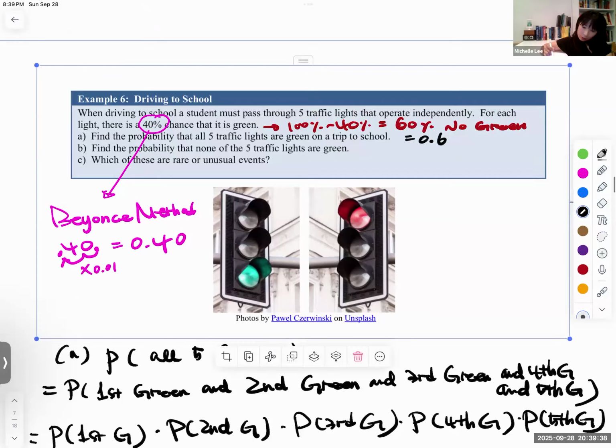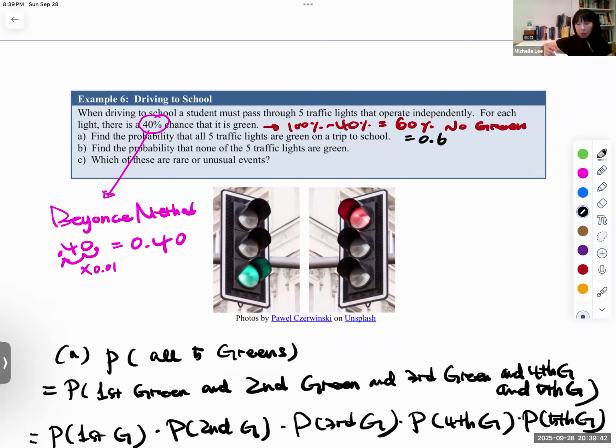So we have which of the rare or unusual event. Okay. So we talk about the unusual. What does this mean, unusual? Whether the probability is less than 0.05.